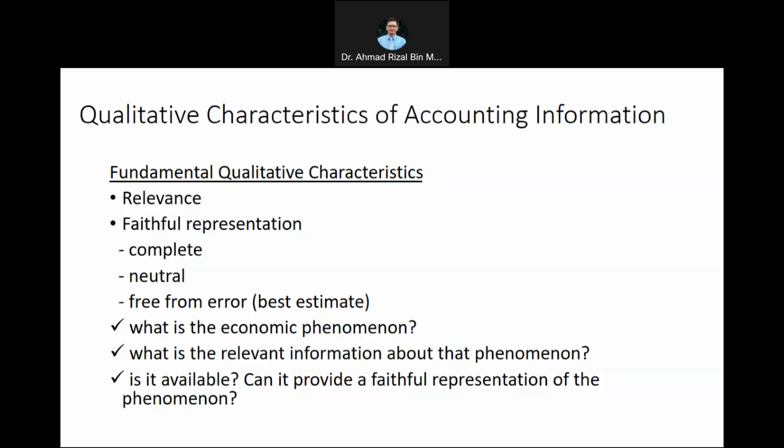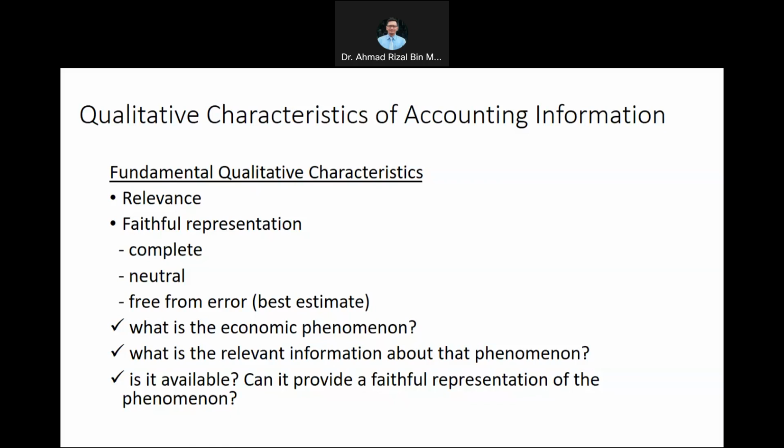For certain straightforward conventional businesses such as manufacturing, it may not be that complex or difficult. So there are guidelines on how to present this in a faithful manner, how to represent the figures in a faithful manner.